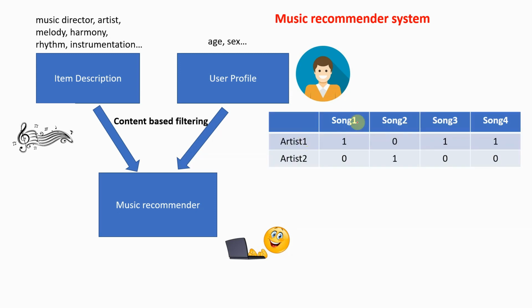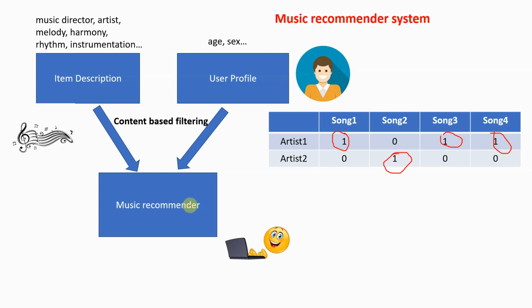For example, the user has listened to 4 songs. Of those 4 songs, 3 are sung by artist 1 and only 1 is sung by artist 2. So by using this matrix itself, you can get an idea that the user is most likely to listen to songs by artist 1.